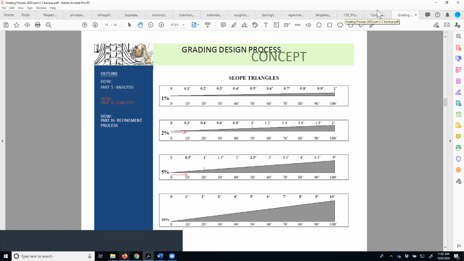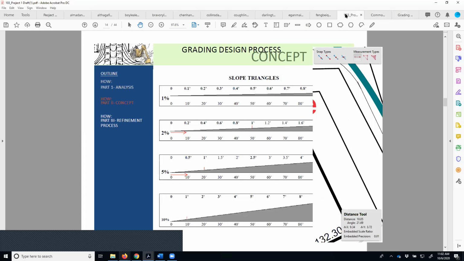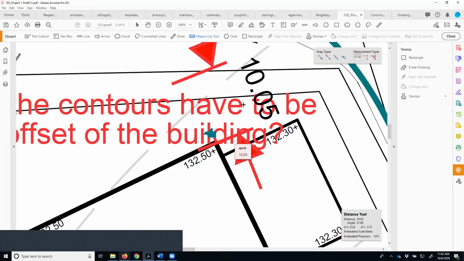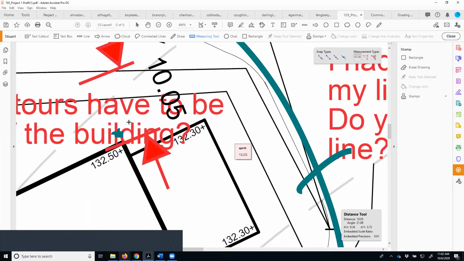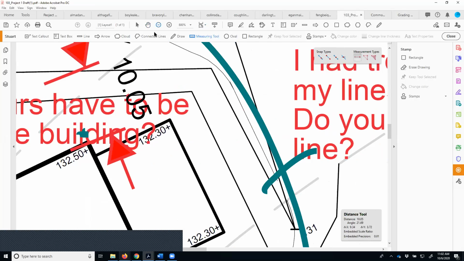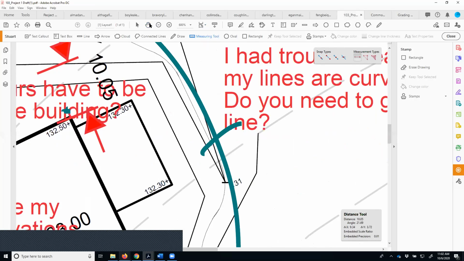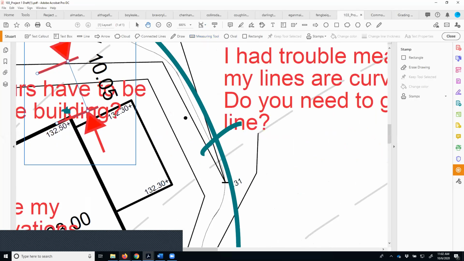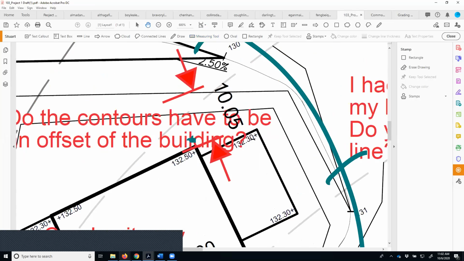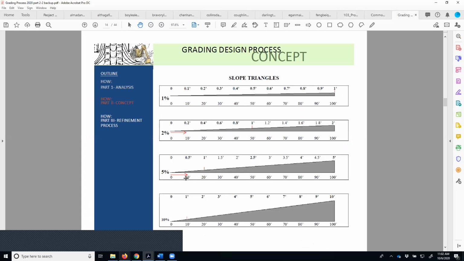So we went through all of that so that we could go back now and look at this. So I was talking about going out from the building 10 feet. And so if I go down 0.5, that would represent a 5% slope.